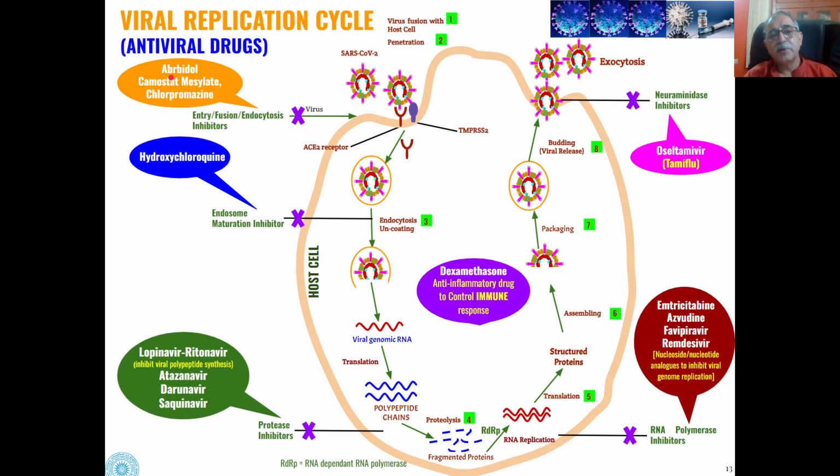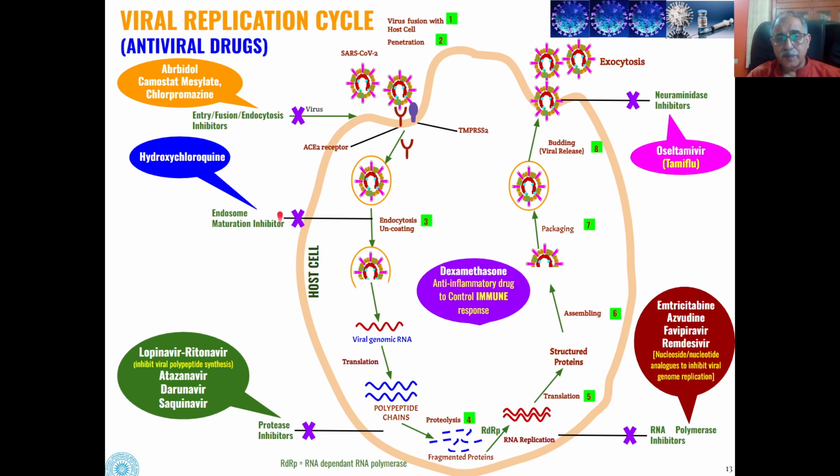And most common among these are Arbidol, then Camostat mesylate, or chlorpromazine. These are the three most commonly used drugs which are effective to inhibit the entry of the virus into the cell, or fusion of the virus to the cell, or the process of endocytosis of the virus.